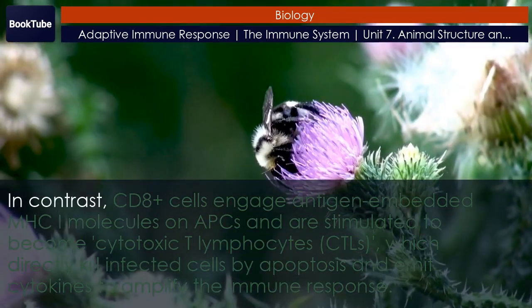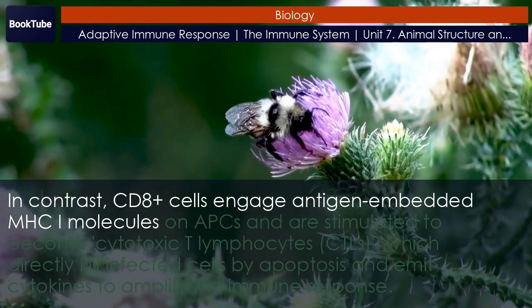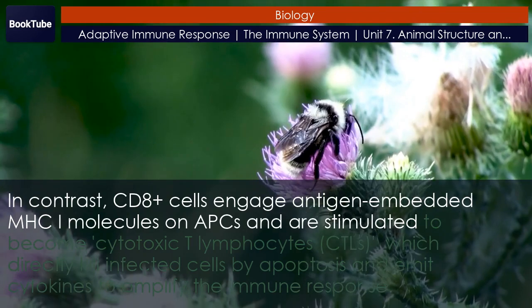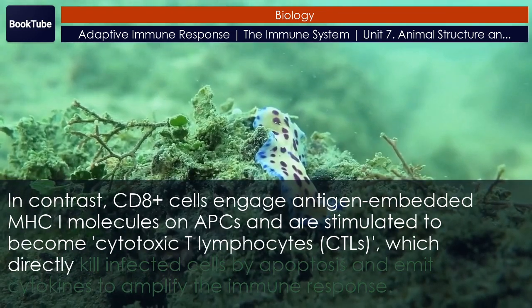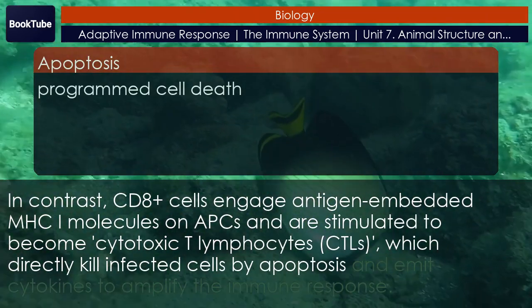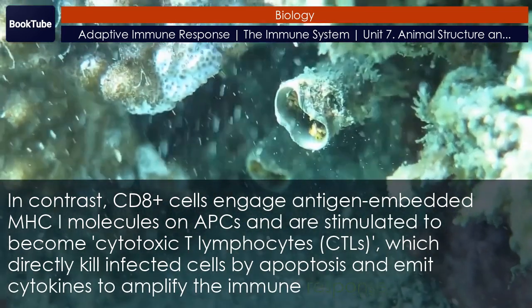In contrast, CD8+ cells engage antigen-embedded MHCI molecules on APCs and are stimulated to become cytotoxic T lymphocytes, CTLs, which directly kill infected cells by apoptosis and emit cytokines to amplify the immune response.